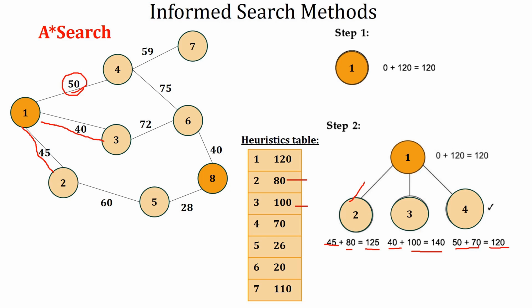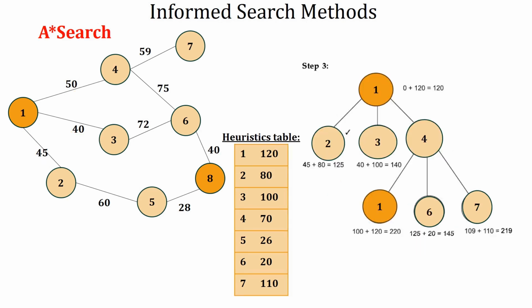Out of these 3 values, 125, 140 and 120, the minimal one is node 4. Now, from node 4, there are 3 nodes which are reachable. From 4 we can go to node 1, the same source node, node 7 and node 6.